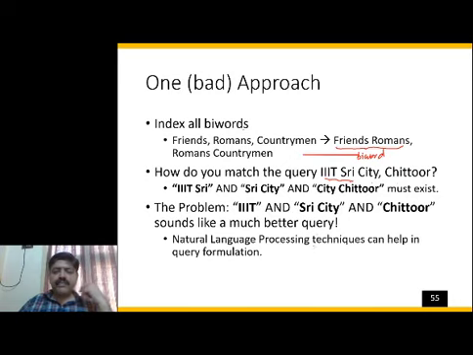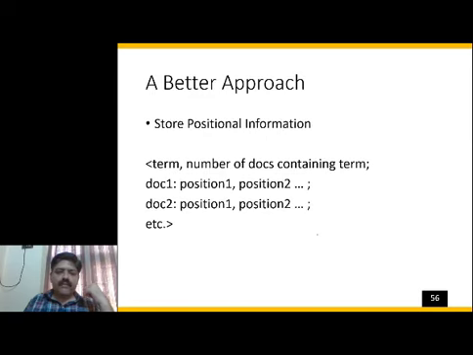So natural language processing techniques come here for help in query formulation and matching. So let's take an example. We could store the index in this format, where I have the term to be indexed and the number of documents containing the term. So this is basically a representation of my dictionary. Remember, I had ambitious.